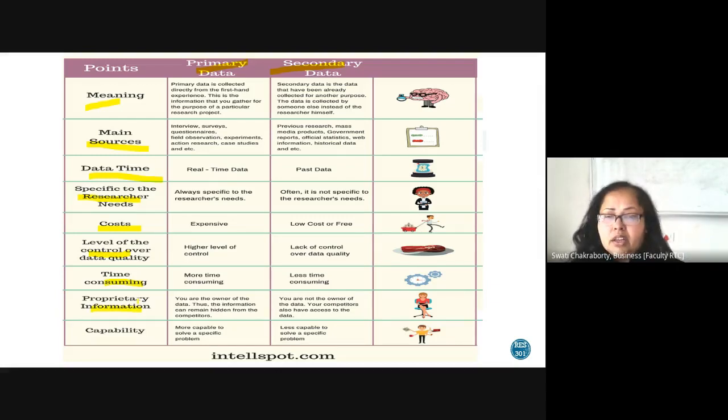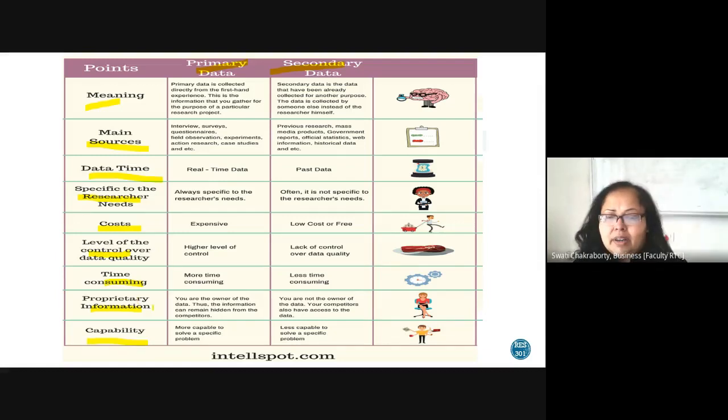Proprietary information: in the case of primary data, we are the owner of the data because we've collected it, and the information can remain hidden from competitors. But for secondary data, we are not the owner, and our competitors can also have access to that data.